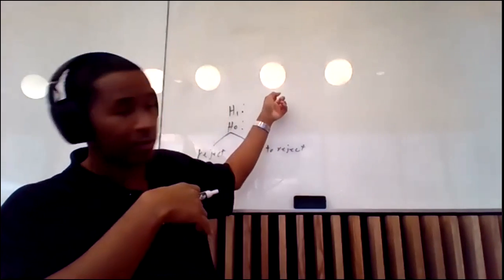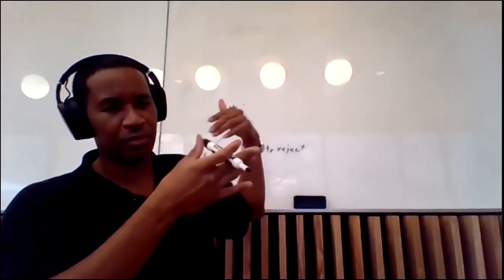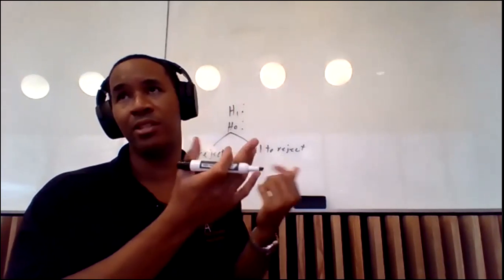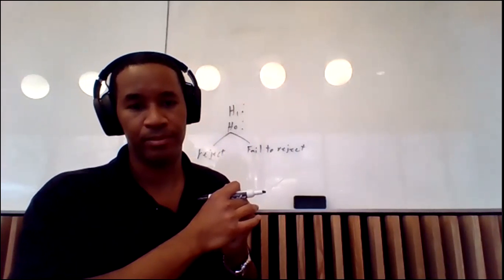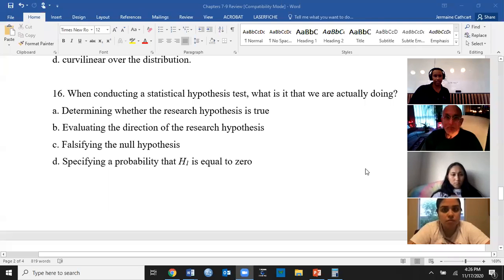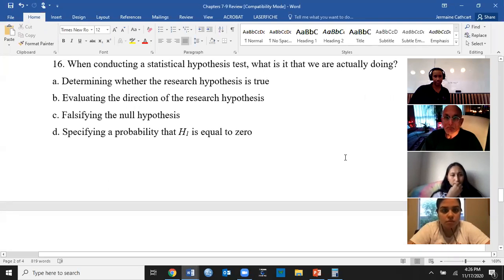Your goal is to falsify the null to provide support for your research hypothesis. But even if you fail to reject, that doesn't mean your research hypothesis is wrong. It just means there's no real evidence for it. So the correct answer is that you are falsifying the null hypothesis.